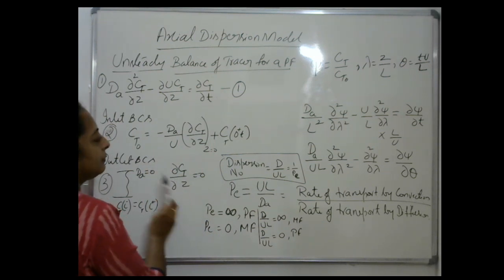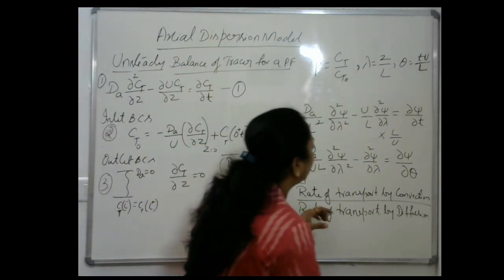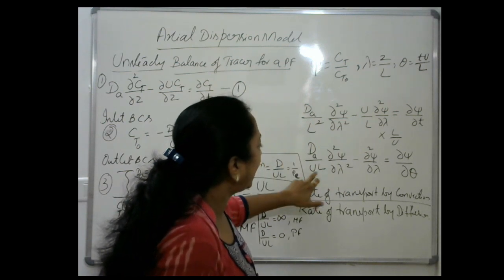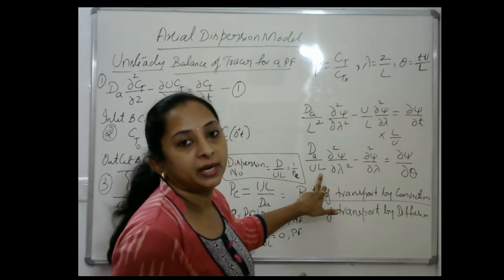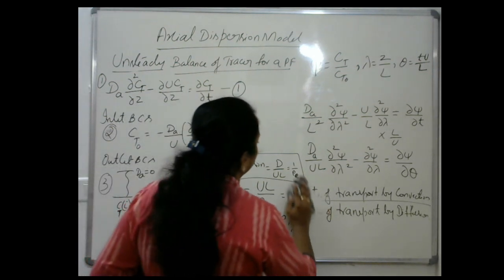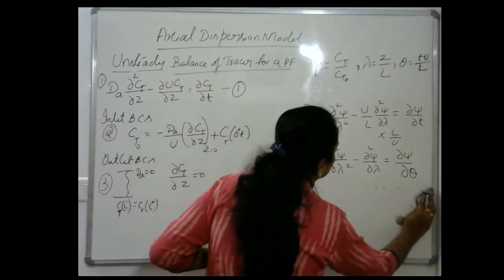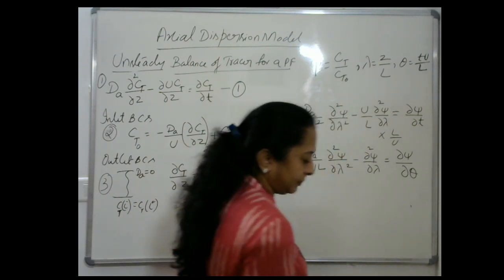So next, I'll take this equation, and wherever there is UL by D, I'll replace it by the dimensionless number we have obtained, the Peclet number. So this equation will now be in terms of Peclet number.